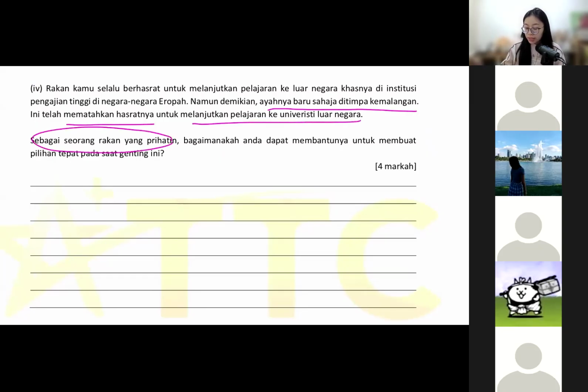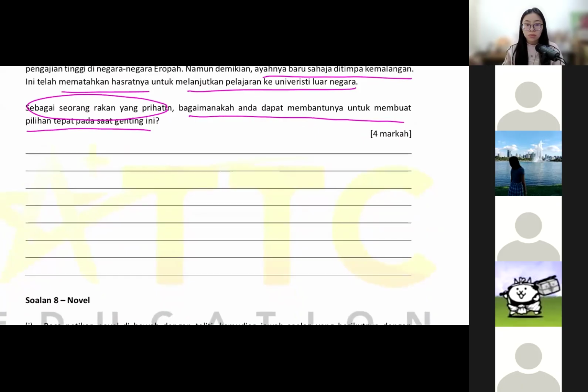Sebagai rakan yang prihatin, bagaimanakah anda dapat membantunya untuk membuat pilihan yang tepat pada saat genting ini, which is in a critical moment? As a friend, what will you suggest to him?